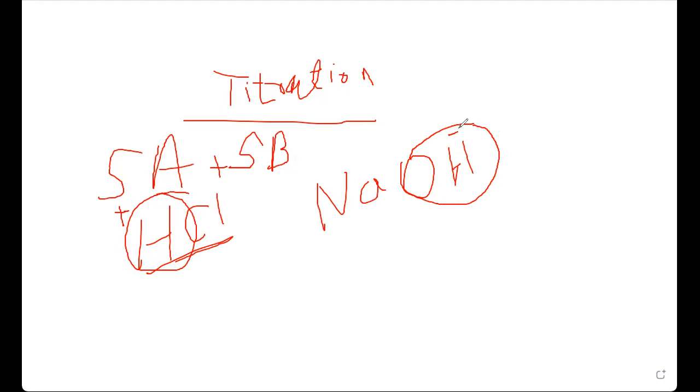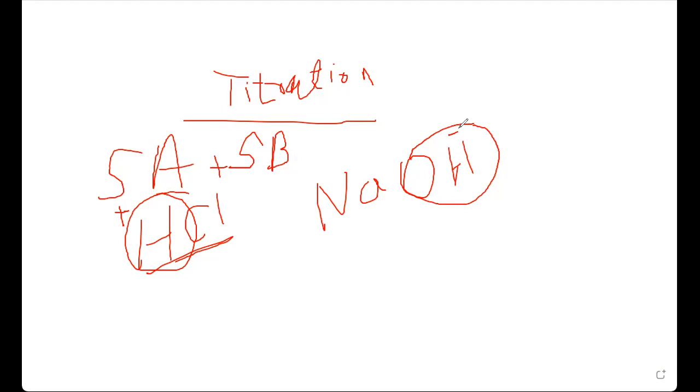Okay. So now, what is a strong acid? Stronger acids are those acids which completely dissociate into ions. What are stronger bases? The stronger bases are those bases which can completely dissociate into their ions.